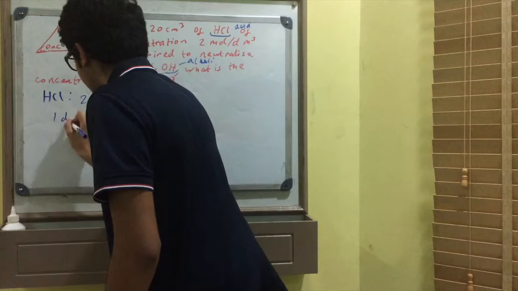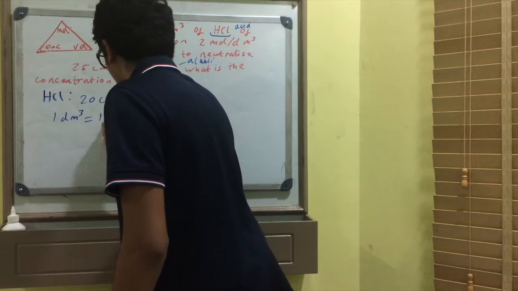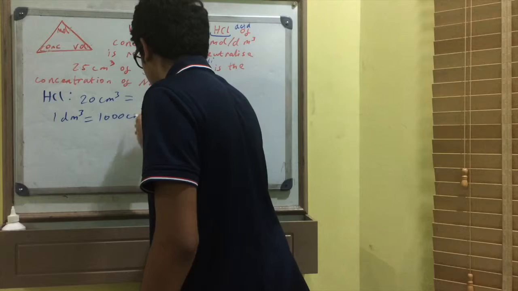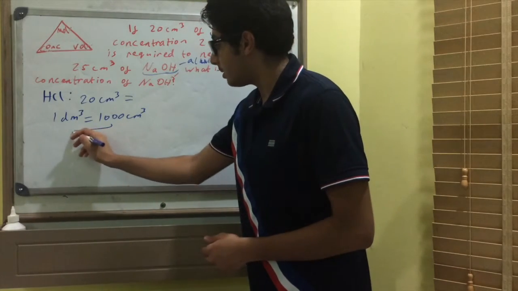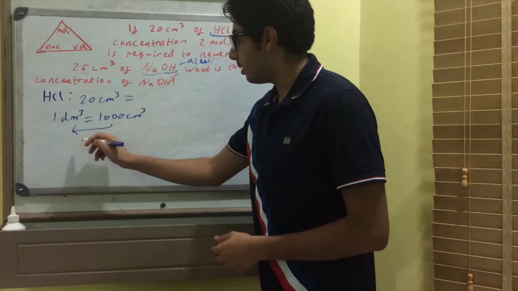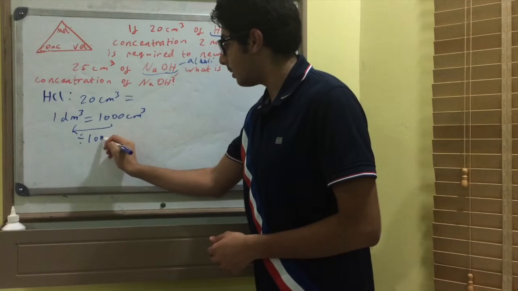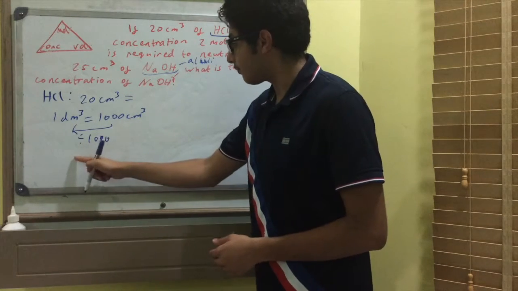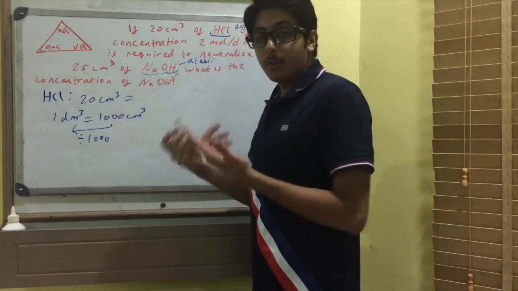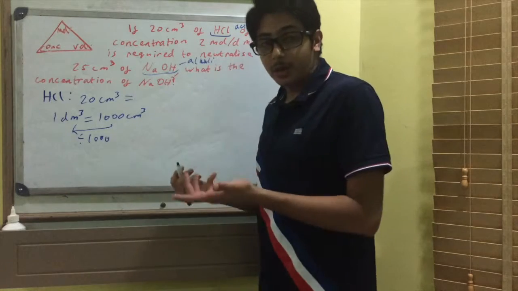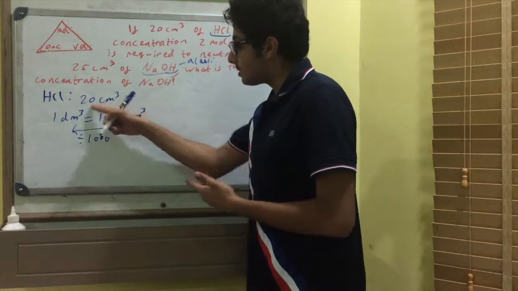Well, if we know that 1 decimeter cubed is 1,000 centimeters cubed, then how do we get from centimeters cubed to decimeters cubed? We divide by 1,000. So 20 centimeters cubed divided by 1,000. Remember, this is a calculator exam, you can use your calculator, but you should be able to divide this by 1,000.